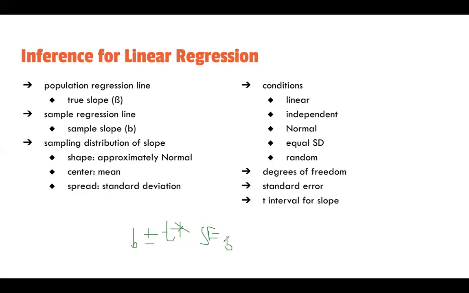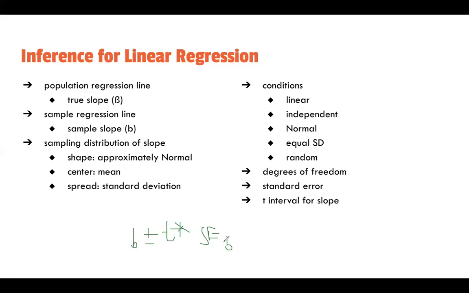Remember that little caveat over there. And then you also plug in degrees of freedom and you get t star. That's the critical t value. And then now you have the formula. So it's not really anything special. More often than not, you're not going to use any special function on your calculator to do this. You're just going to write this formula, calculate the necessary values, and then write your answer. Most of the work is going to be done with your intro sentence, your conditions, and then your concluding sentence and interpretation.